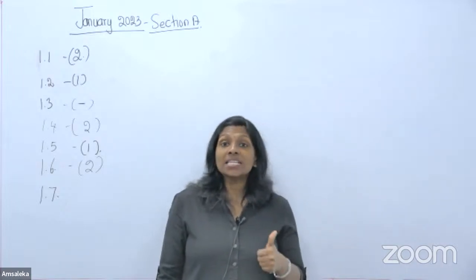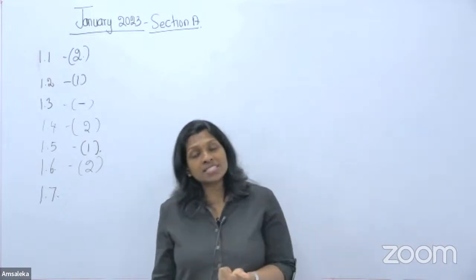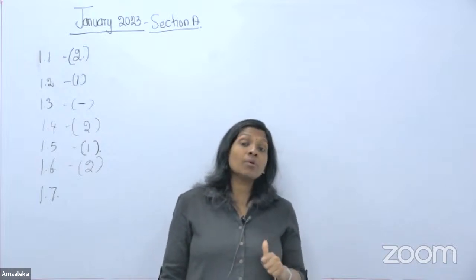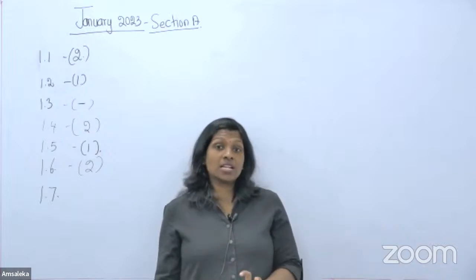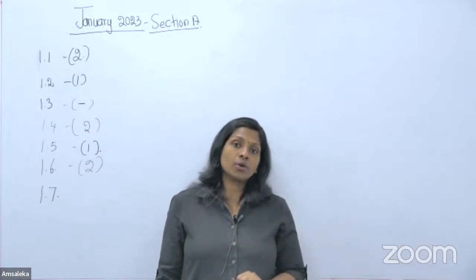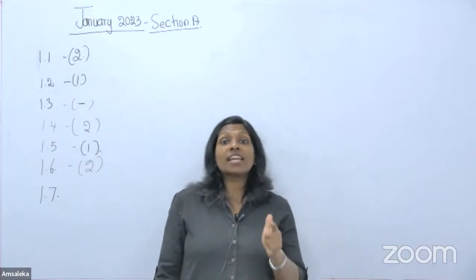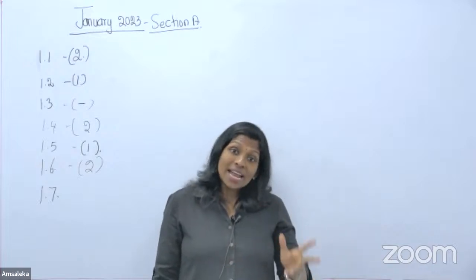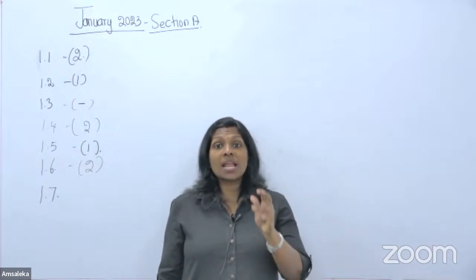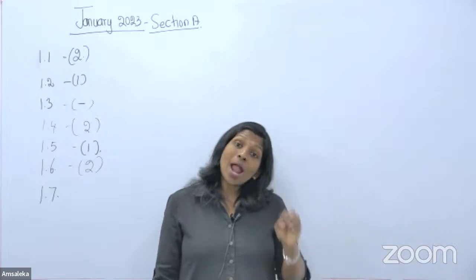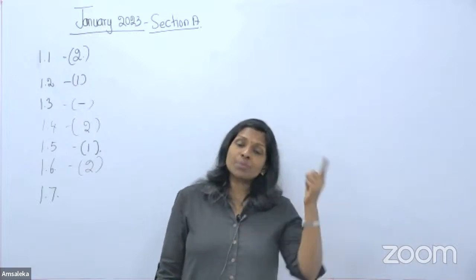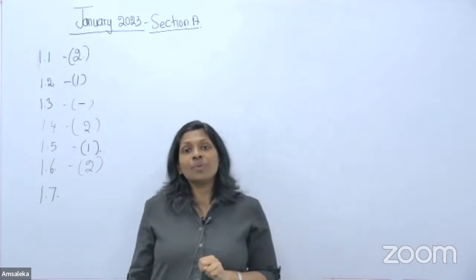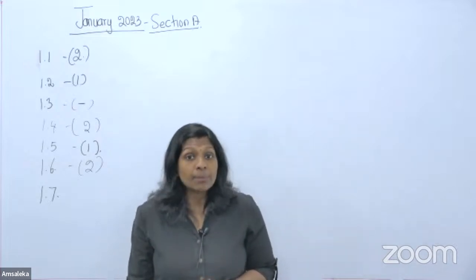One is imposing price control, under that maximum price control and minimum price control. Another is imposing tax, providing subsidies and price stabilization. So under the price control policy, you have two: maximum price control and minimum price control.